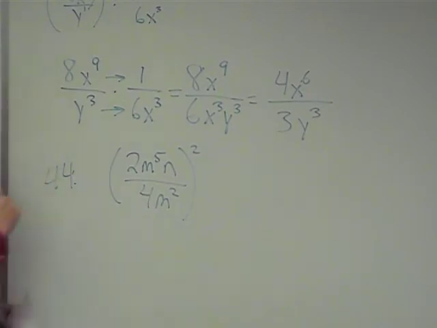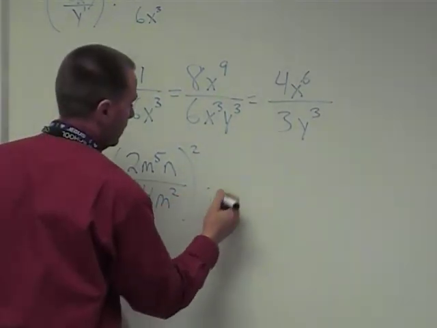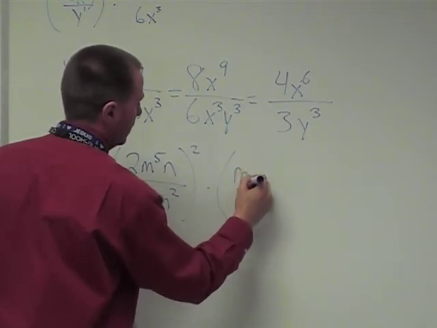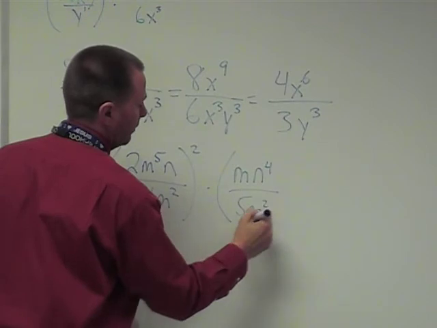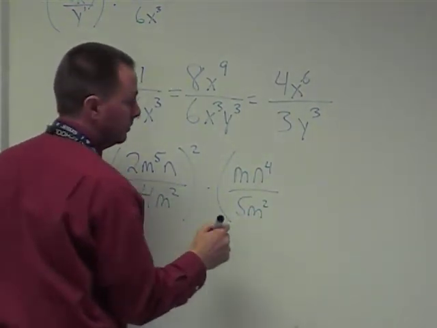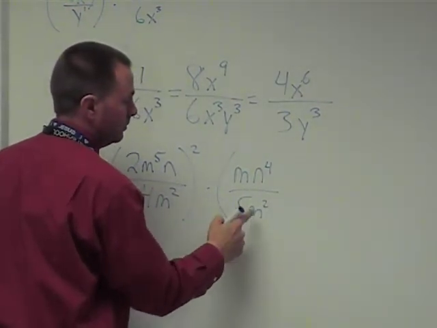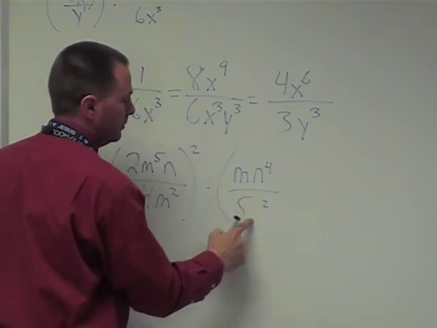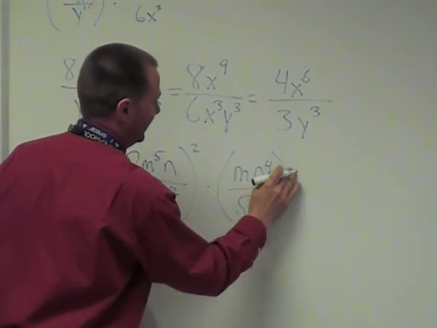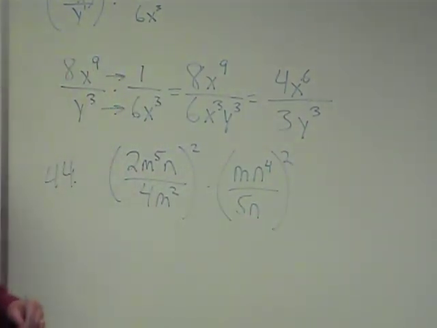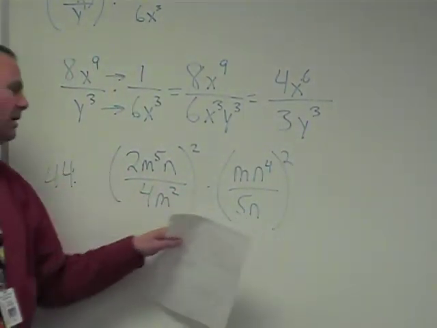Is that exactly right? Yeah, and then times parentheses m n to the fourth over 5n squared, parentheses 5m squared 5n. There's no squared, it's squared outside the parentheses. Is that right? Yeah. All right, so what is your question about this?